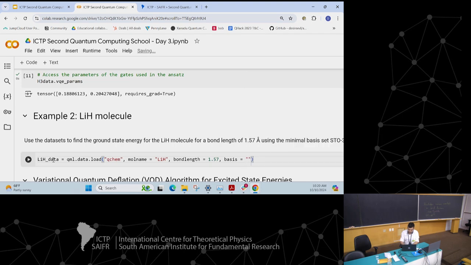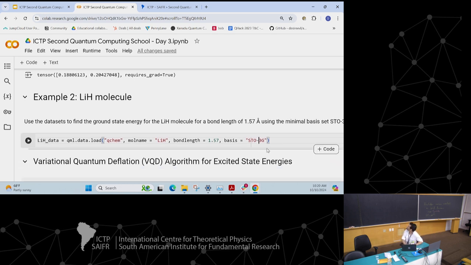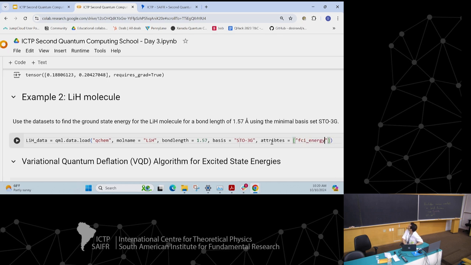We can also specify the basis. If we take something like a minimal basis set, that's the STO-3G. STO-3G, by the way, stands for Slater-type orbital with 3 Gaussians. We also don't need to load all of the data set. We can specify which quantity we're interested in, in particular the attributes.